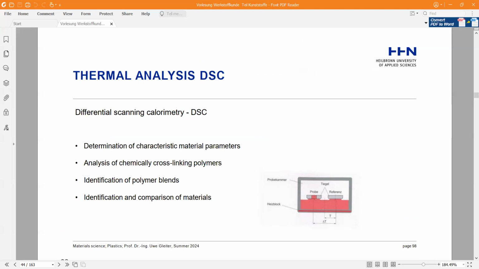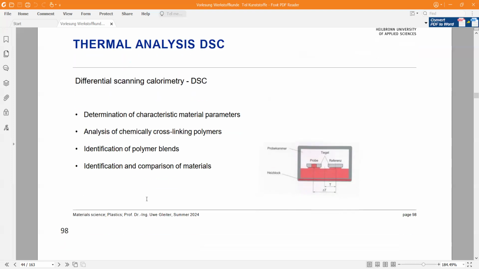So the thermal analysis DSC is a determination of characteristics, material parameters, analysis of chemically cross-linked polymers, identification of polymer blends, and comparison of materials.